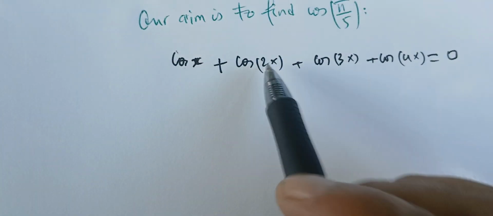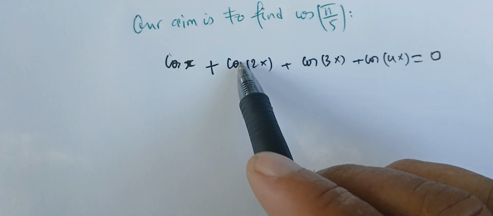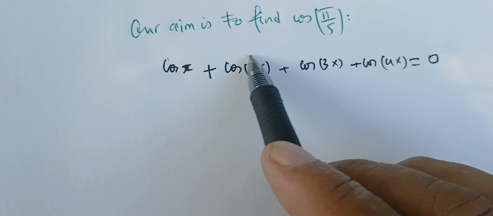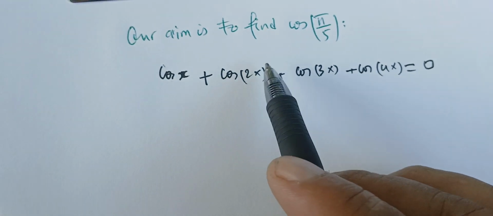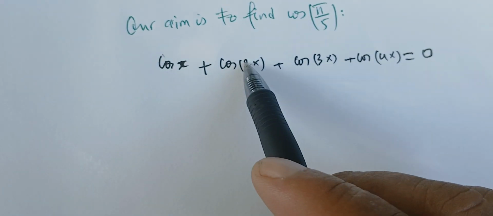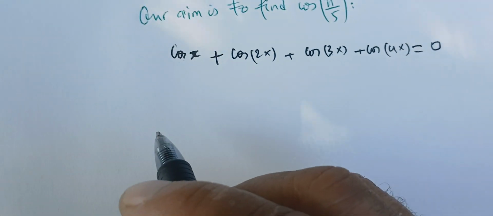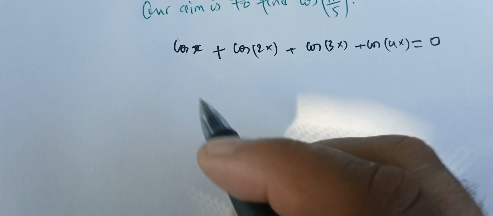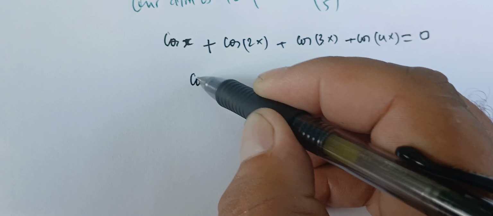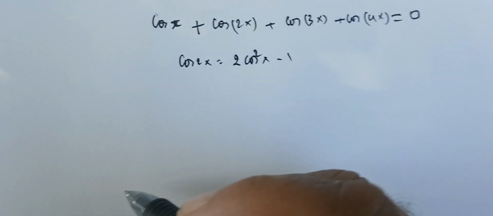Now we will express these terms in terms of the powers of the cosine of x only, not 2x or 3x or 4x. Cosine of 2x, we know, is 2 cosine squared of x minus 1.